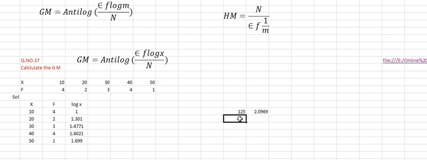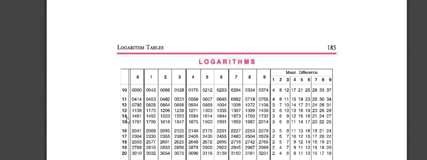I will give one more example. If it is 1453, then this is a 4 place number minus 1, 3 point. How to find it in the table? You check the table now. Check 14 here, then 5 here. So 145 is how much? 1614, and for the 3, the difference is 9.